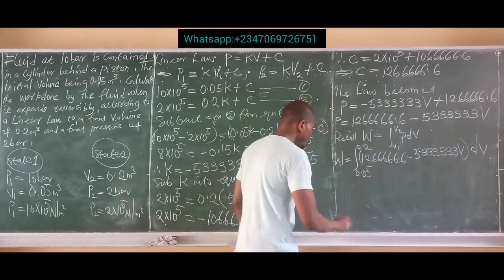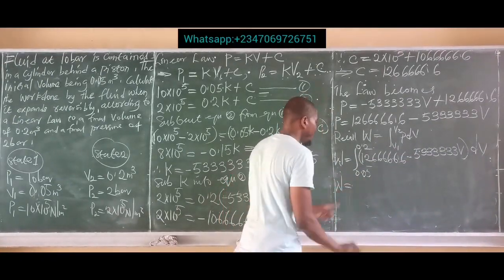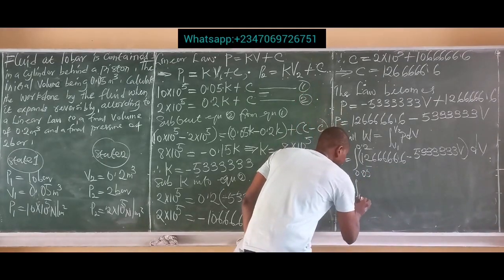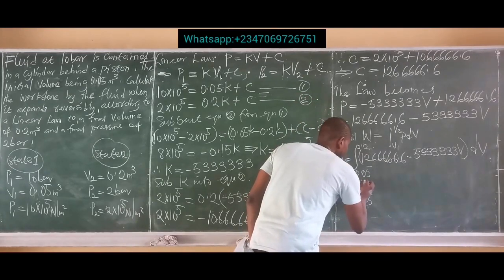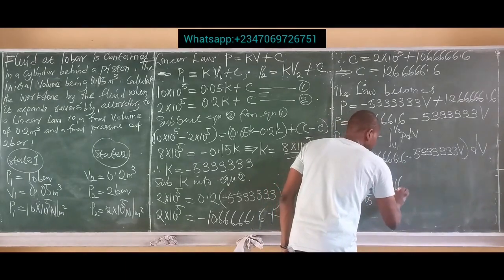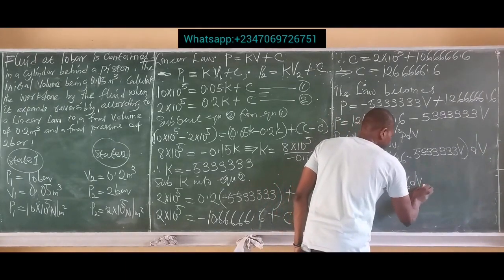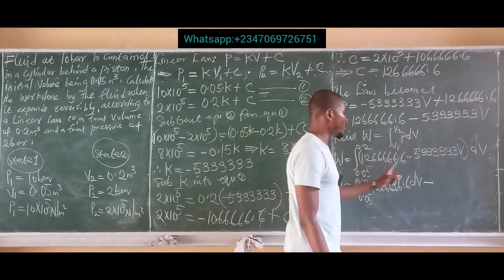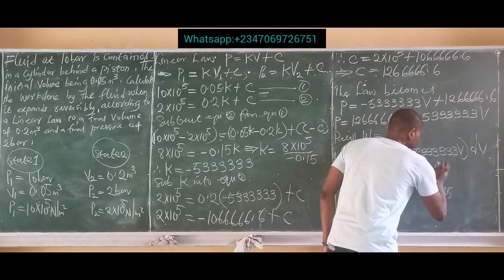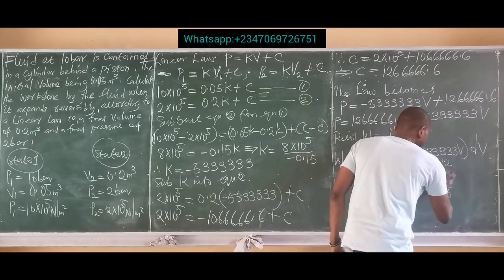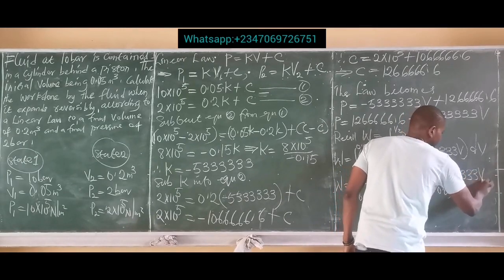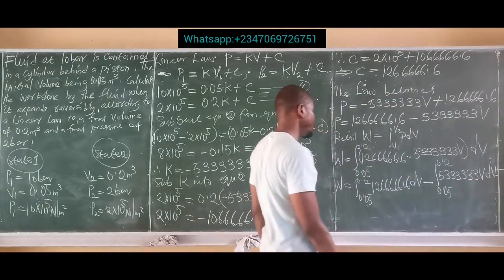So work done is equal to the integral from 0.05 to 0.2 of 126,666.6 times dV, minus the integral from 0.05 to 0.2 of 5,333,333 V times dV.